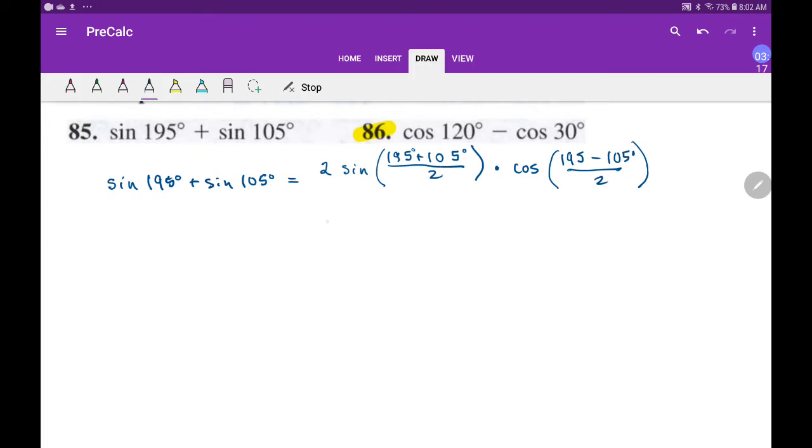And so what we have here is 2 sine of, 195 and 105, that's 300, divided by 2 is 150, times the cosine of, if I take away 105 from 195, I get 90, divided by 2, cosine of 45.